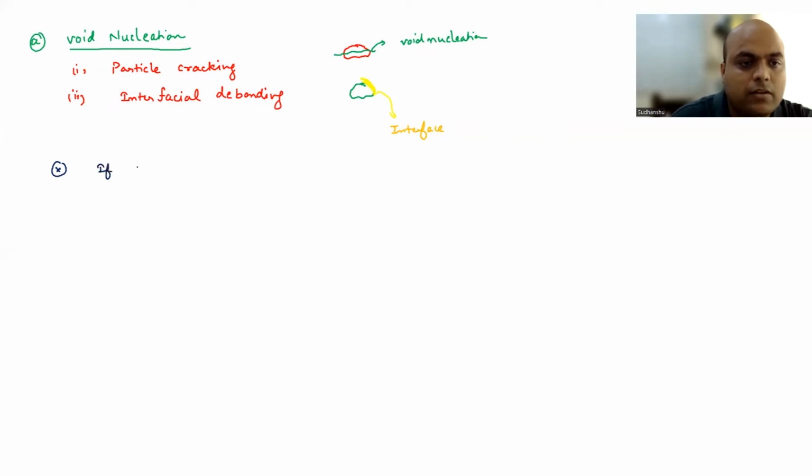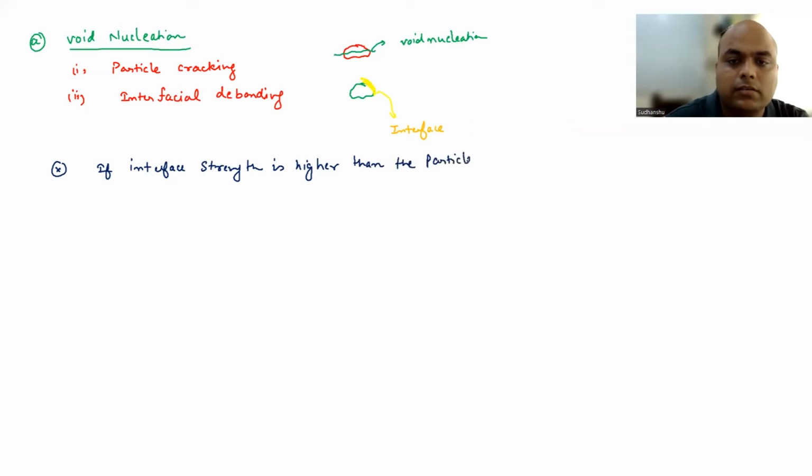Okay, so if interface strength is lower than the particle strength, and remember, this is what you also observe during deformation in composites. We'll discuss that also. Then interfacial debonding will predominantly occur.